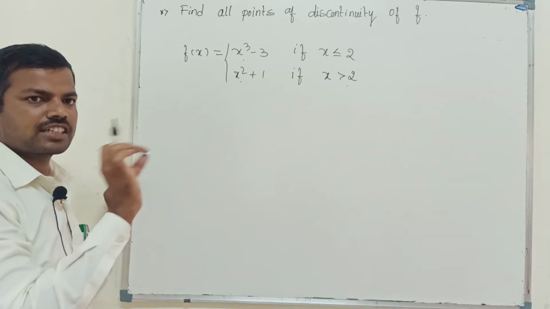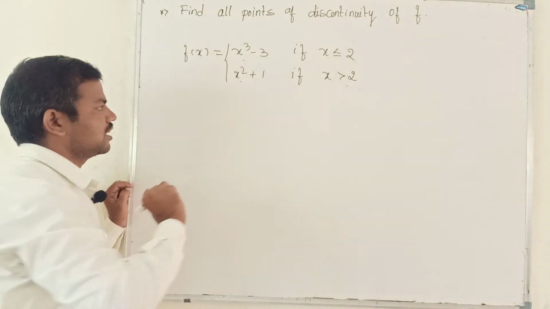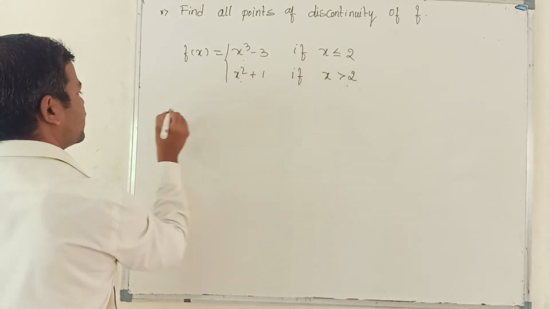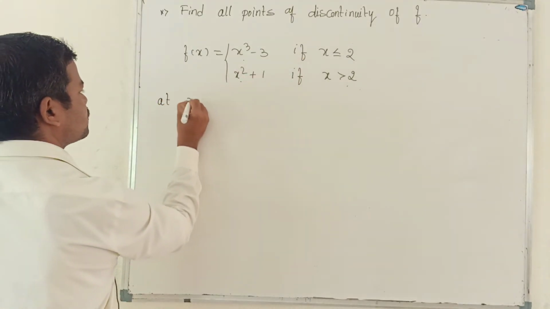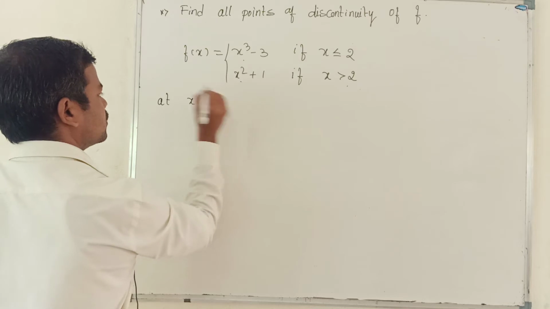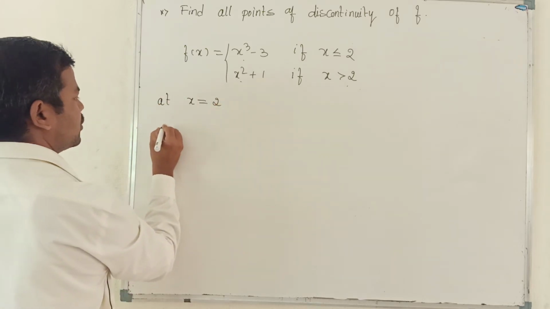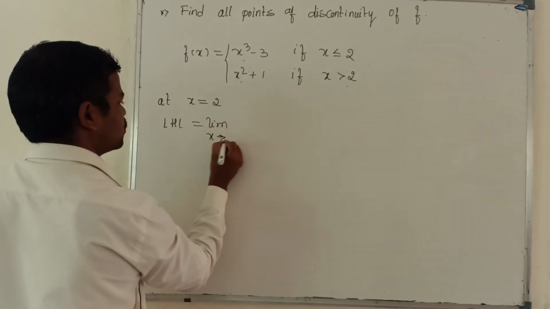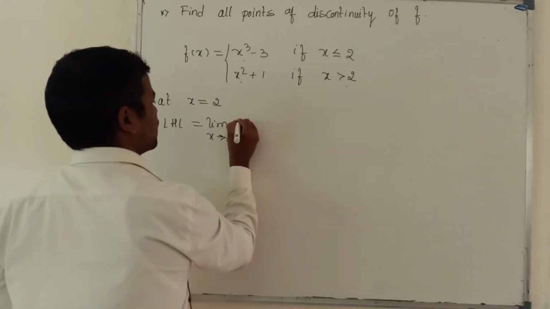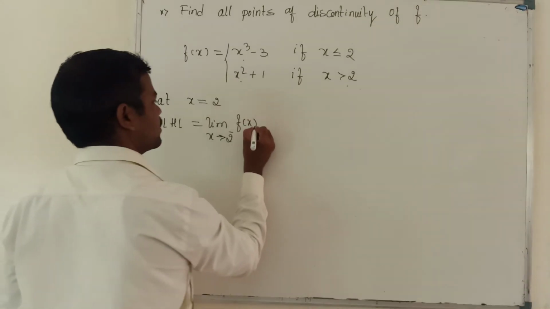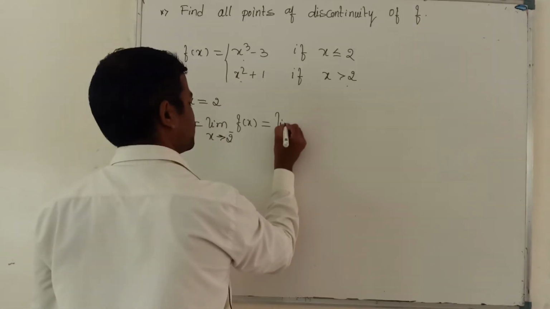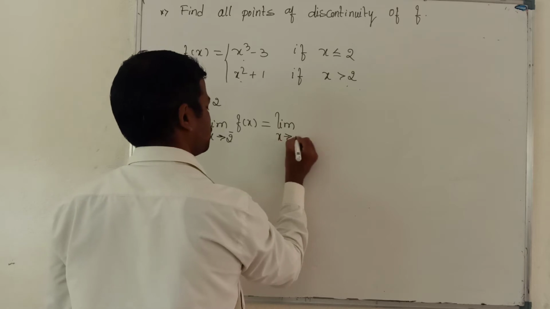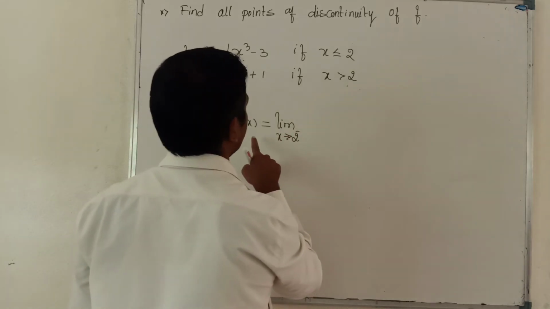If it is discontinuous at that point, then it is confirmed. So let us take x equal to 2. First, LHL is equal to the limit as x tends to 2 minus of f of x.